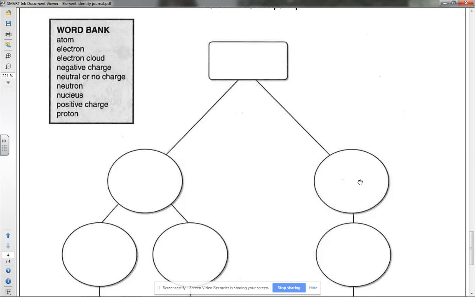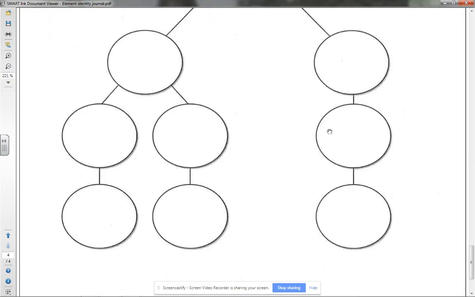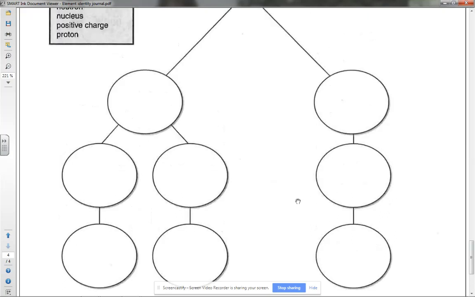Remember, we have two parts. Then here, this line of 3 is we have 3 subatomic particles. And lastly, these are the charges. So you should be able to answer this. Again, pause the video until everybody is done and the substitute teacher should have the correct answers and will give it to you to make sure you are right.